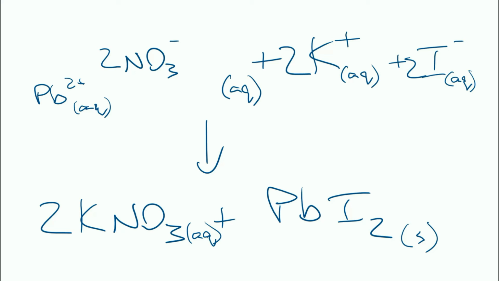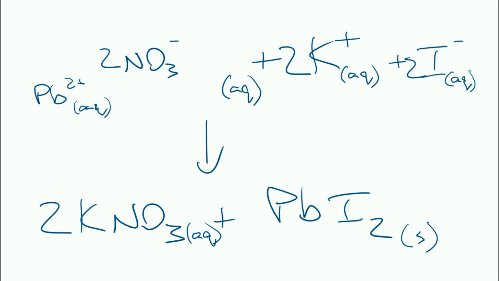There we go. That's what we actually have by dissolving the lead nitrate and the potassium iodide in solution. In an aqueous solution, the ionic compounds are split up. So we're in ion form now, right? We've got lead-2 ions, nitrate ions, potassium ions, and iodide ions. Okay, so far so good. We've done half the work.